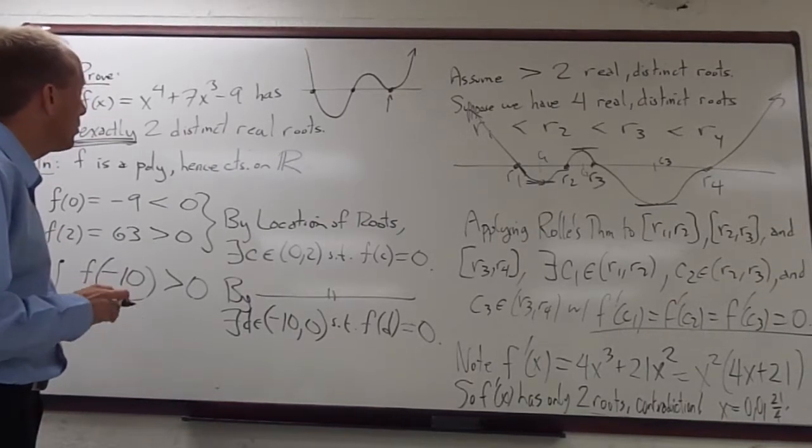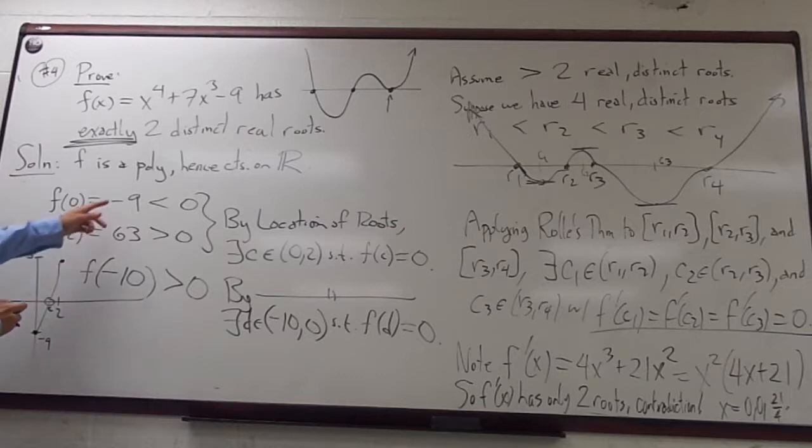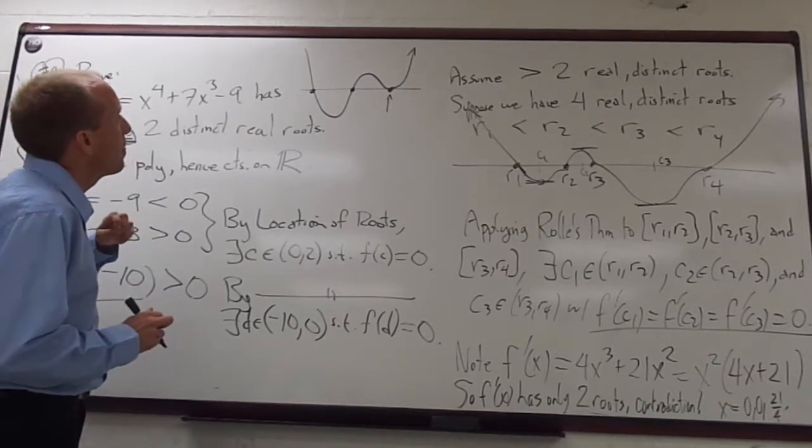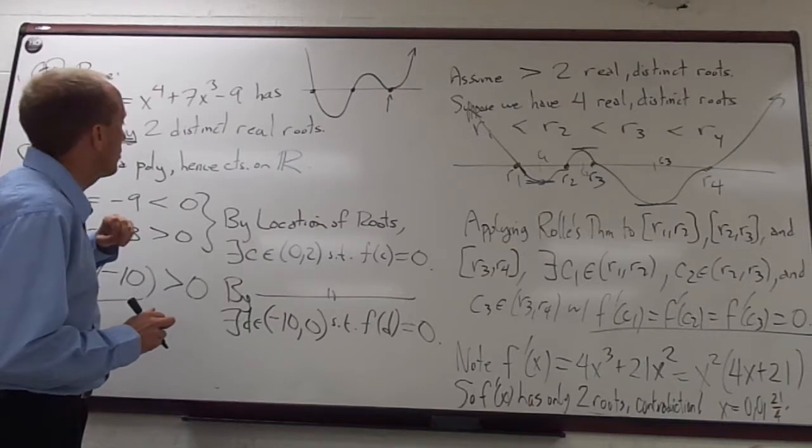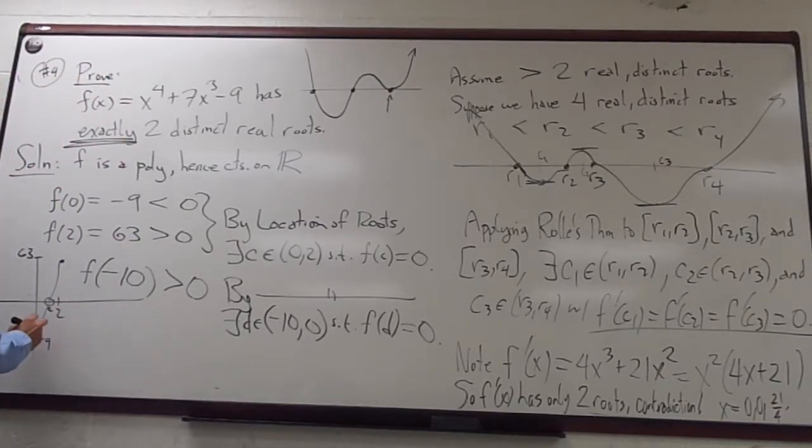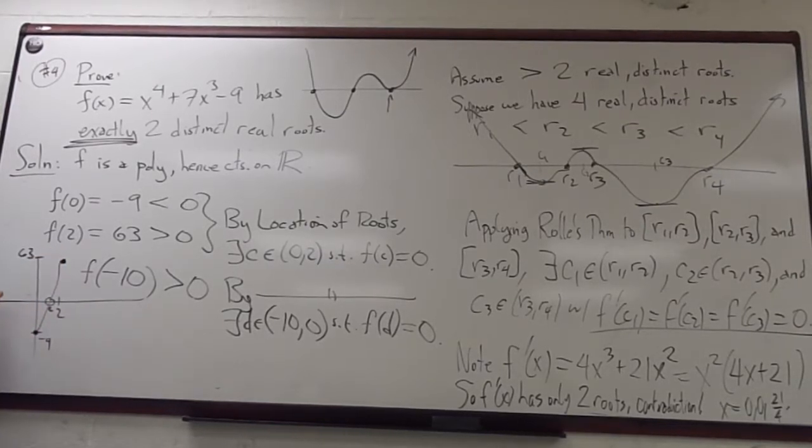Might have to argue somehow that you don't have this situation. So for example, I know that it goes from negative to positive right here, and then I know that at negative 10 it's positive again.